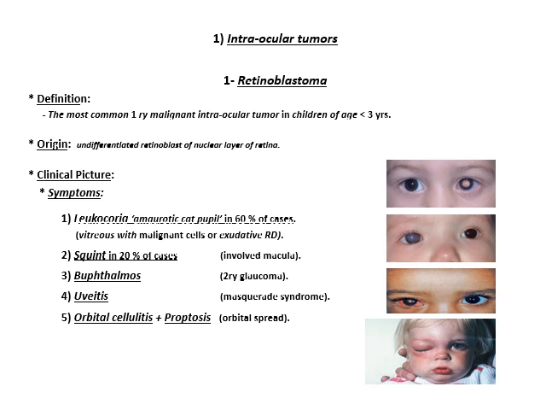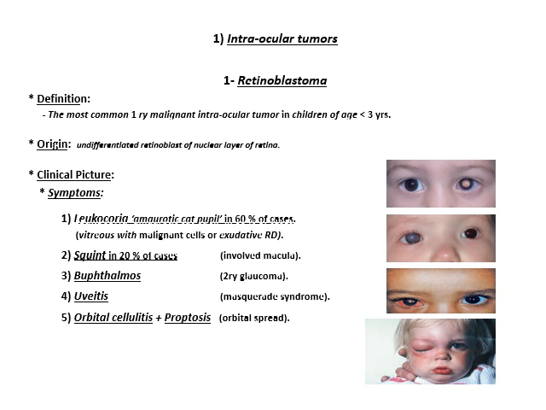It is due to malignant cells in the vitreous or exudative retinal detachment. Symptom 2: squint in 20% of cases, due to the macula being involved by the tumor, leading to amblyopia and squint.